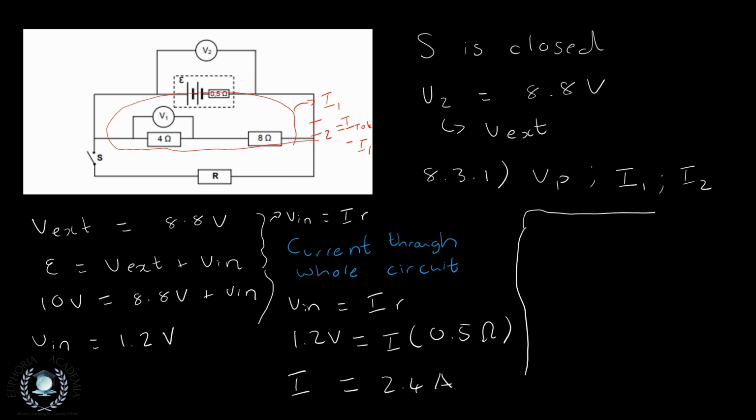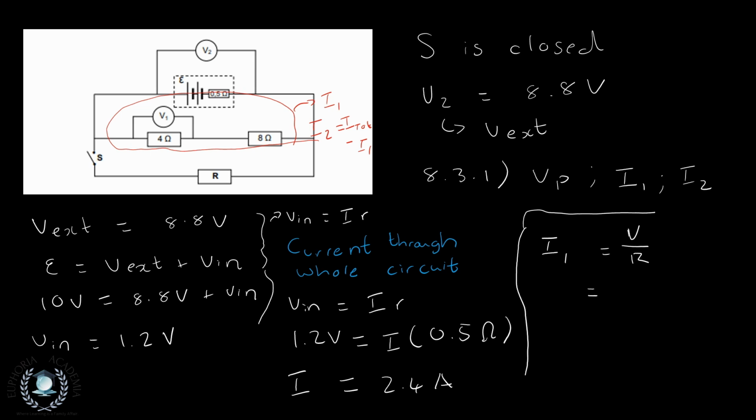All right, now what is the current flowing through that? So we know our resistance, right? And we know that current will remain constant across resistors in series. So let us formulate that. So our I1 is going to be equal to our voltage divided by our resistance, right?